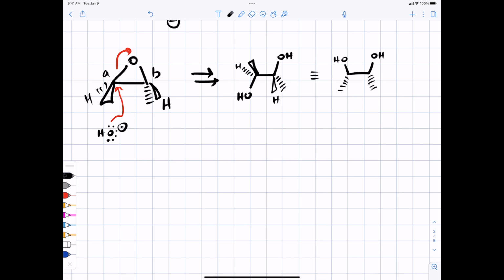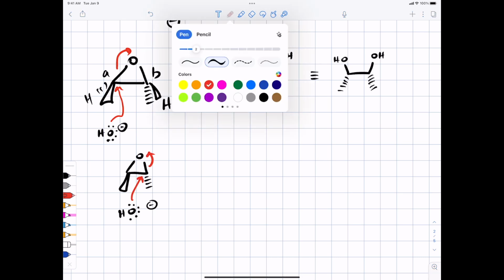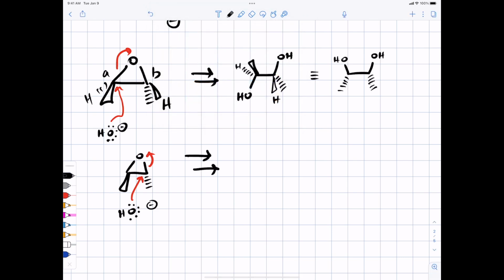If we were to attack carbon A, I'm sorry, forgive me, if we were to attack carbon B instead, and I'll abbreviate this, we would get this as a product.